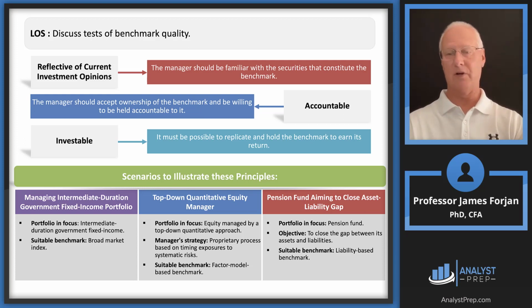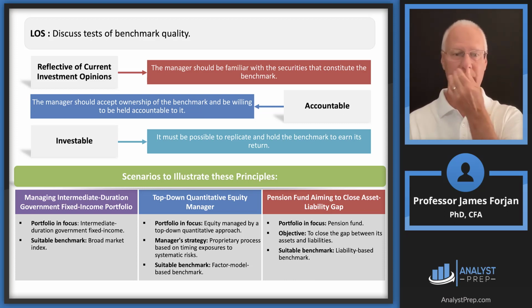Now this down under the green box here, this is a really important potential exam question. All right, so scenarios. Think about the question stem. Managing intermediate duration government fixed income portfolio. All right, there's one scenario. Top-down quantitative equity manager. There's another scenario. Pension fund aiming to close the asset liability gap. All right, so there's a funded issue. So think about reading about this in the question stem, purple, blue, and red, among other ones that are out there.